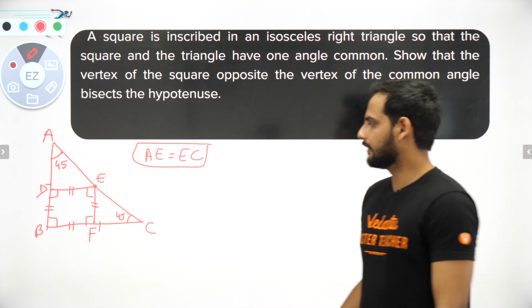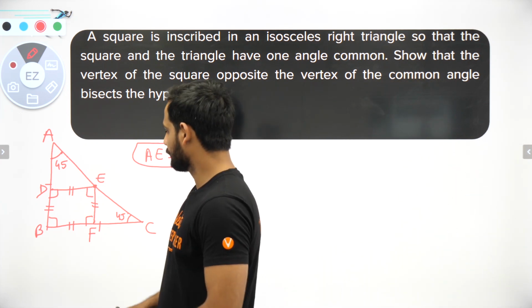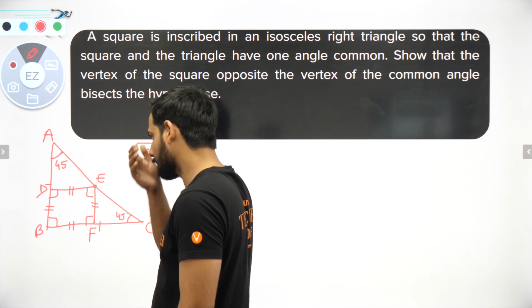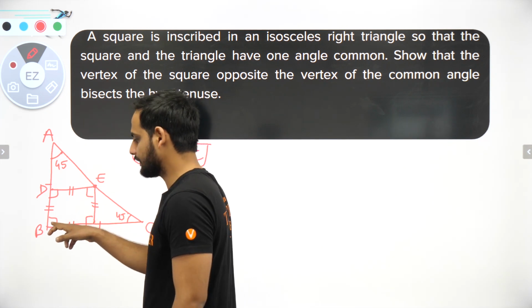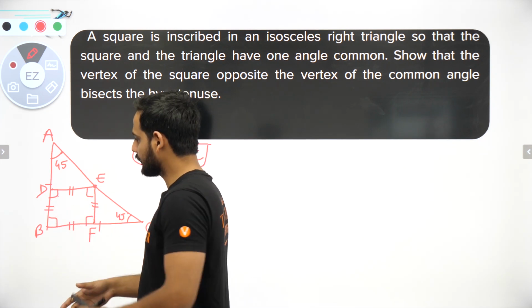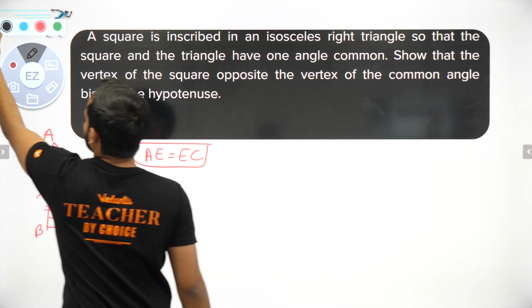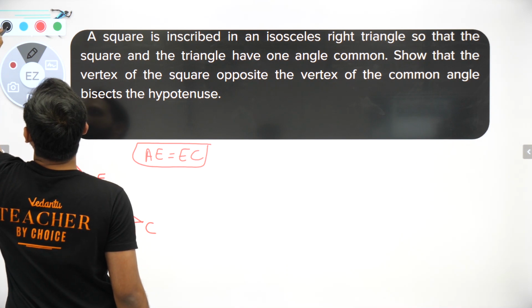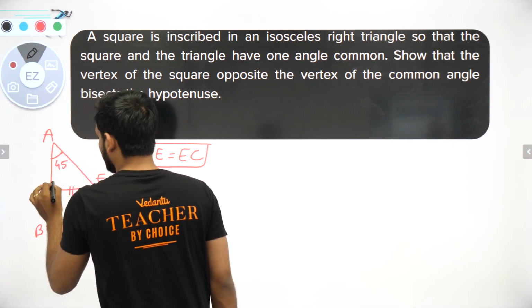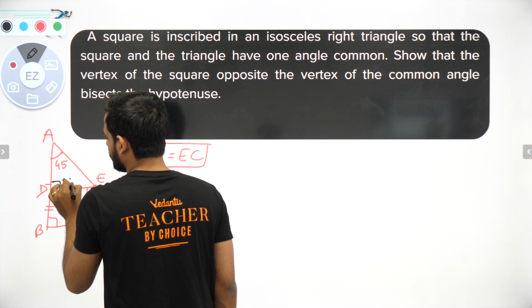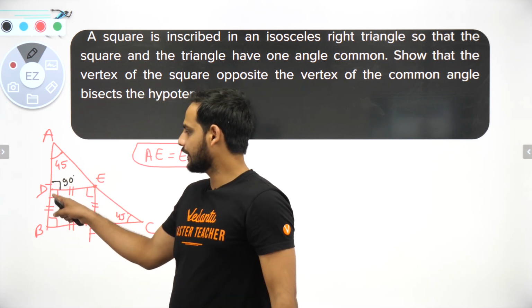First thing, bachon, if you will identify here, one thing I can say for sure: if this angle is 90 degrees, this angle is 90 degrees, so I can clearly say that this angle will definitely also be 90 degrees, right? 180 minus 90.